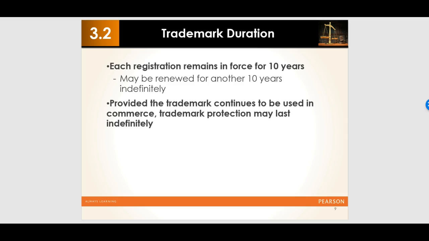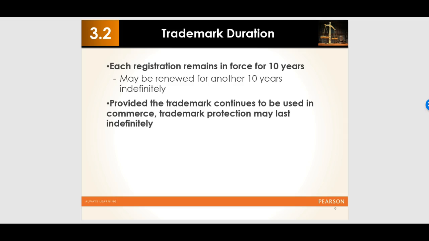So no protection anymore. For trademark, it is different. Once you register your trademark, it is protected for 10 years. But as long as you renew just before the 10-year period expires, you have another 10 years of protection, and you can keep renewing it indefinitely.